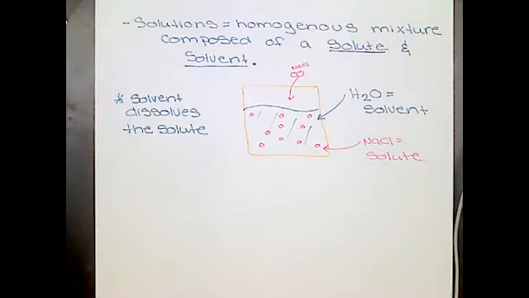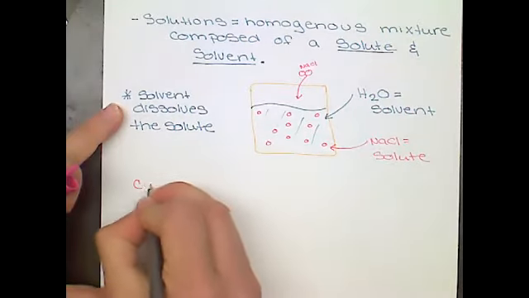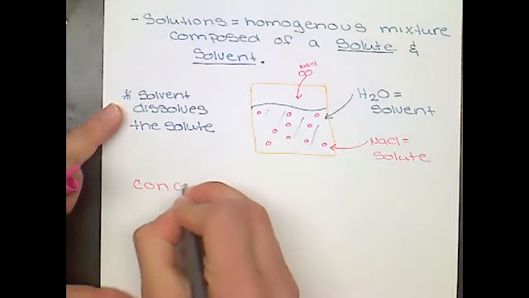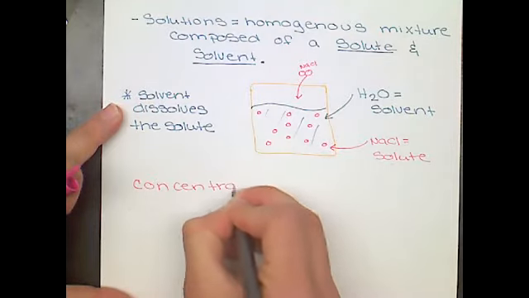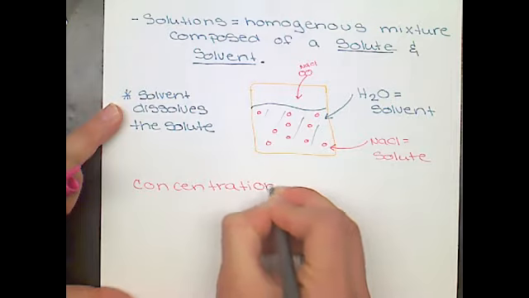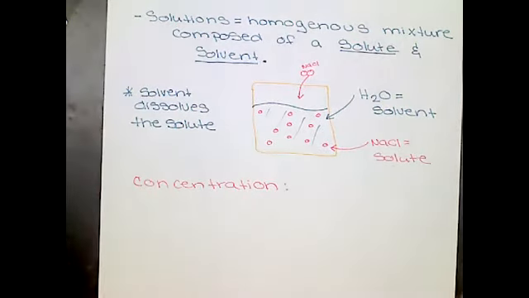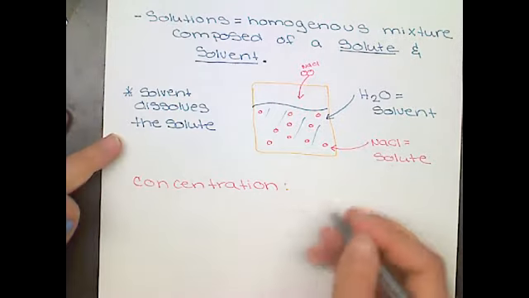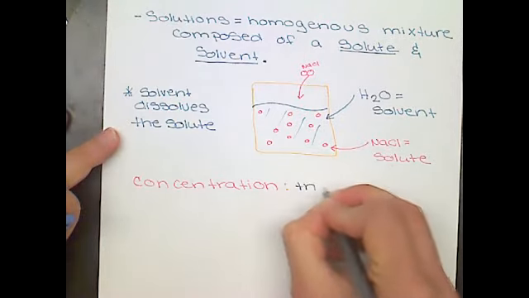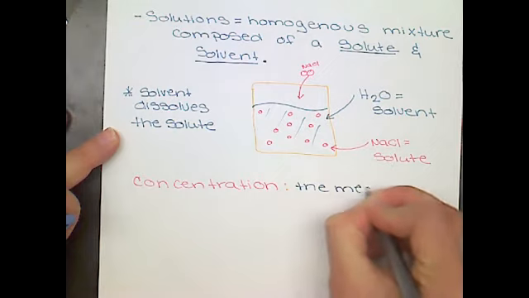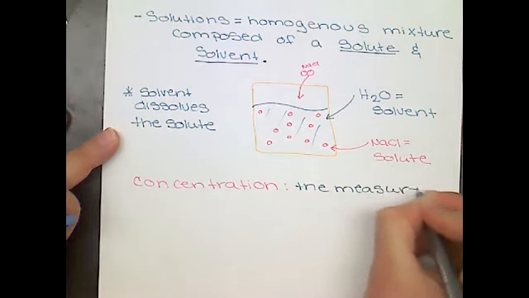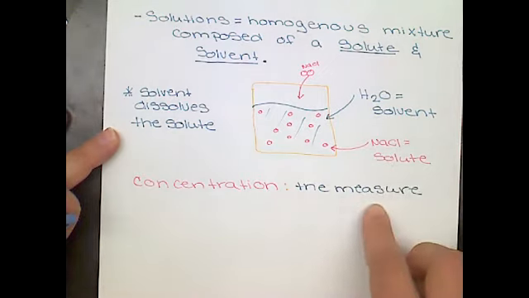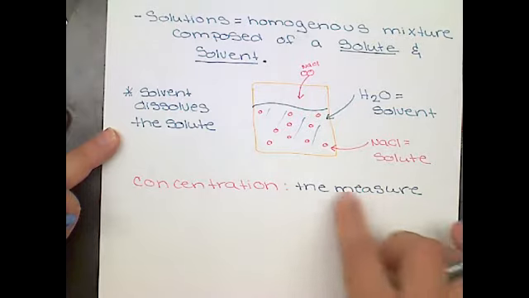So the first key term that we want to define is concentration. What does it mean when I'm talking about concentration? I kind of just gave you guys an example, but let's give you the actual definition. It is the measure. So measure, which tells us that this is a quantitative measurement, so it's a number.